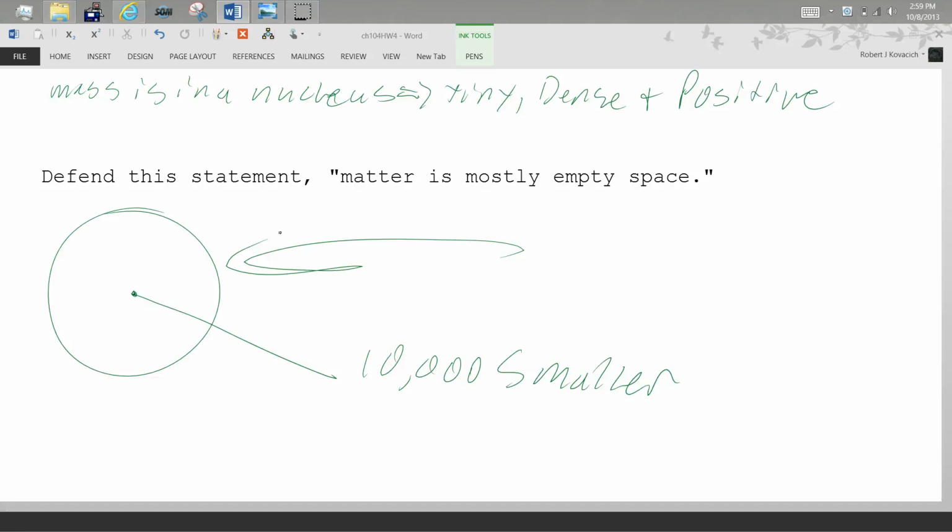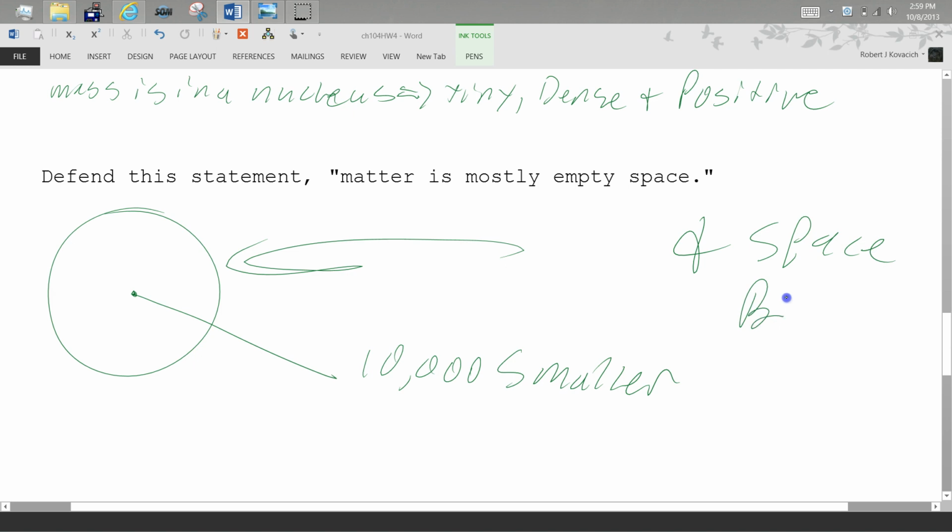So it's a 10,000 to 1 shot that you're going to hit this thing. Or you're at 10,000 to 1, nothing to something ratio. There's a little bit more to it. What's the other piece? The atom itself is kind of hollow, but what else is there? There's space between the atoms.